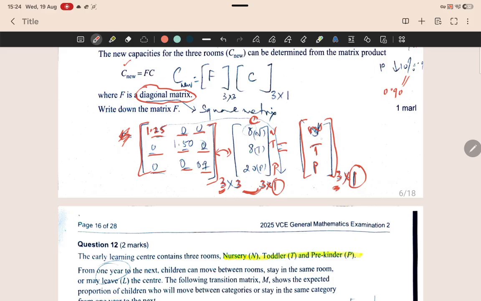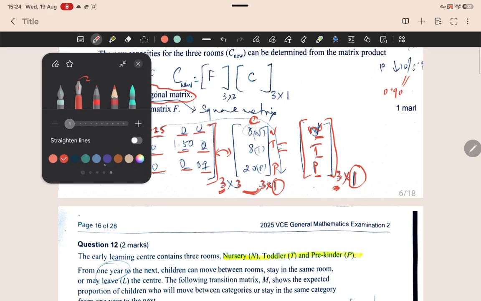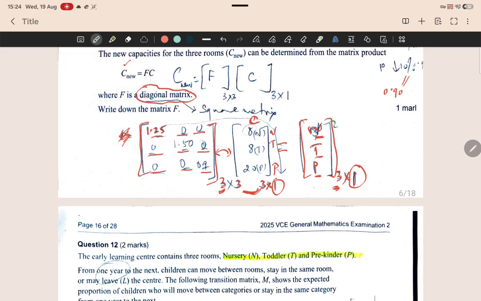Now, if you look at these answers over here, this one is the first row, first column answer. This one is the second row, first column answer. And this one is the third row, first column answer. And this is, by logic, 8 times 1.25.